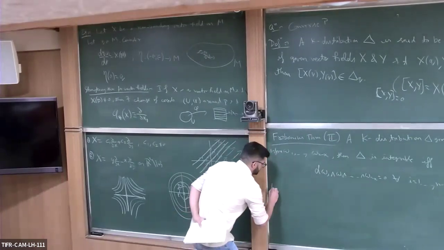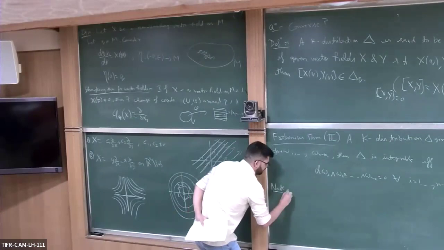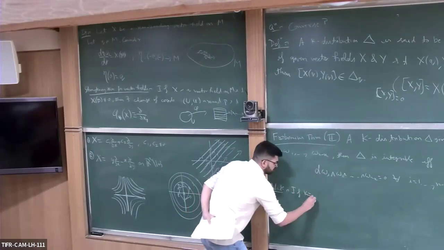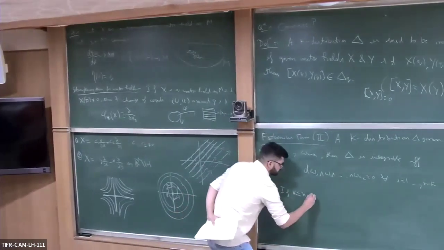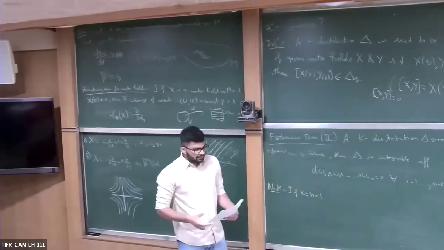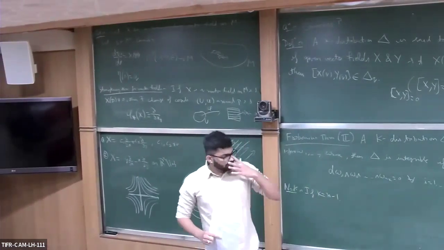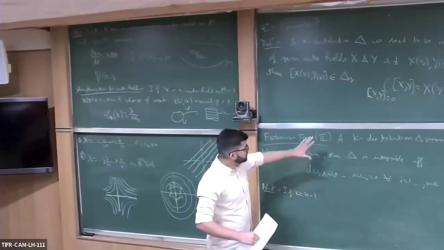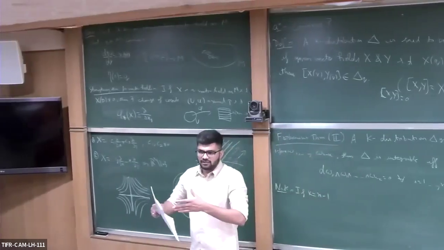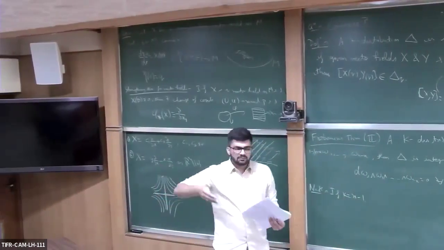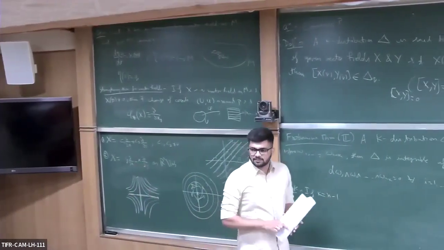As a special case, if K is n minus 1, so we have this distribution which is n minus 1 dimensional, that is, at each point I'm taking an n minus 1 dimensional subspace of the tangent space.